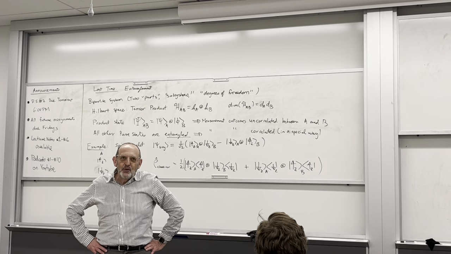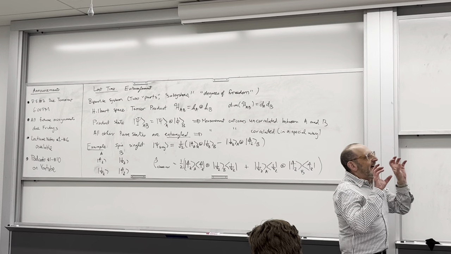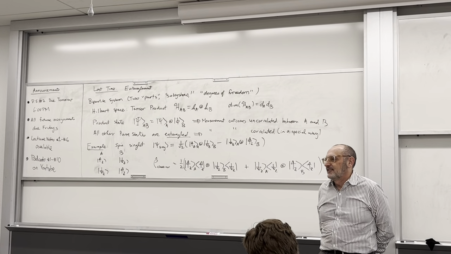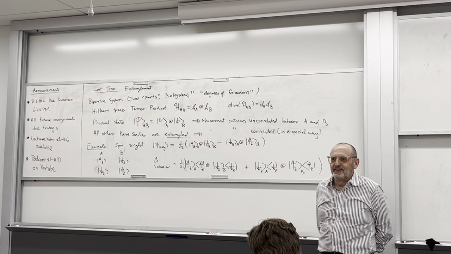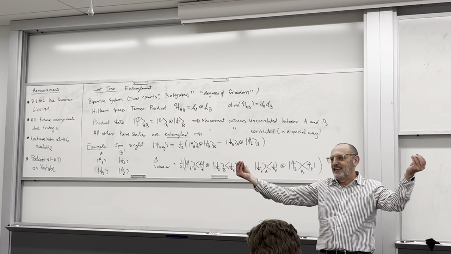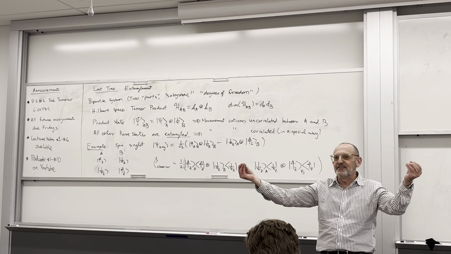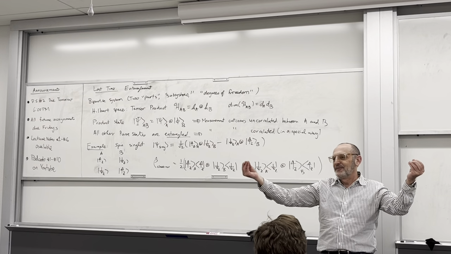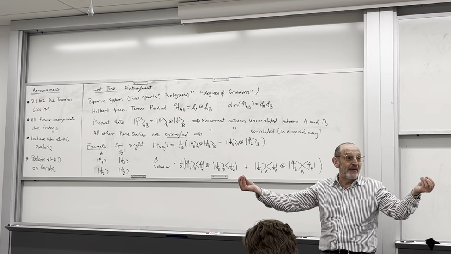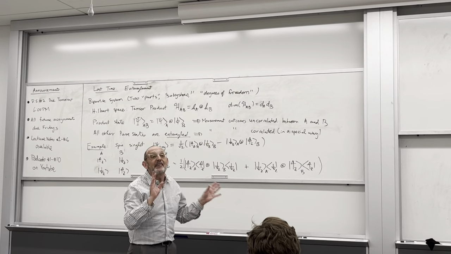If we have two subsystems that don't overlap in space anywhere, then they're distinguishable. The one in this place I'm calling A, and the one in that place I'm calling B. The fact that they might be two electrons, which are in principle fermions and indistinguishable, is completely irrelevant, because if the wave packets don't interact, for all intents and purposes they're distinguishable.